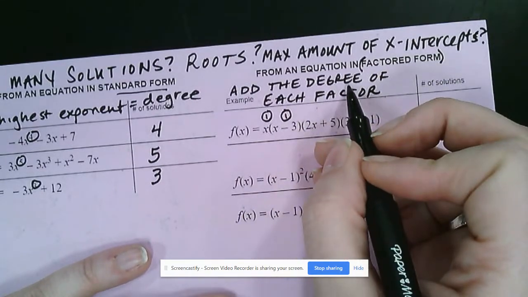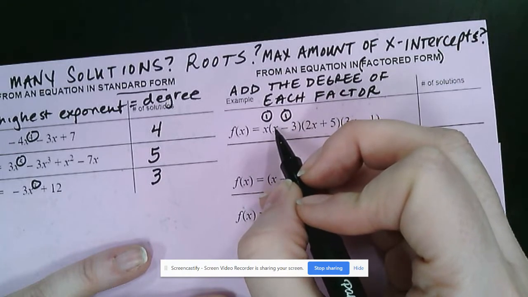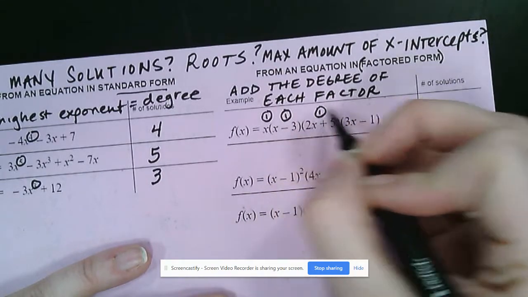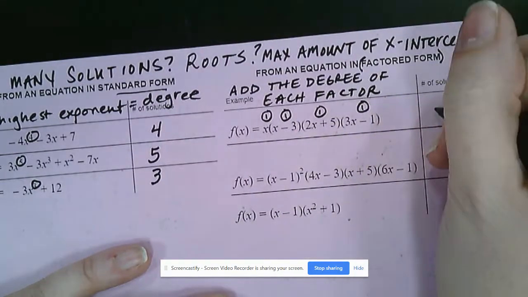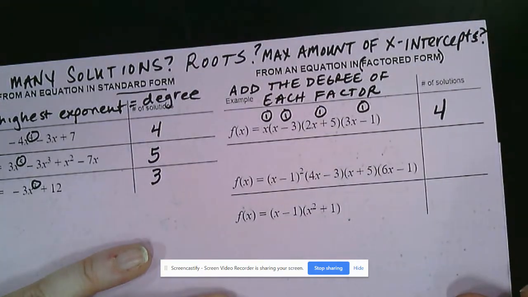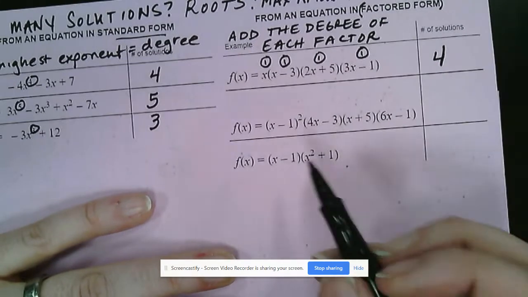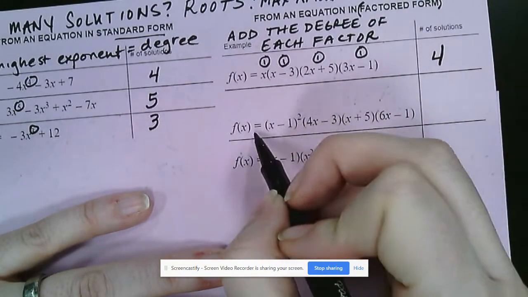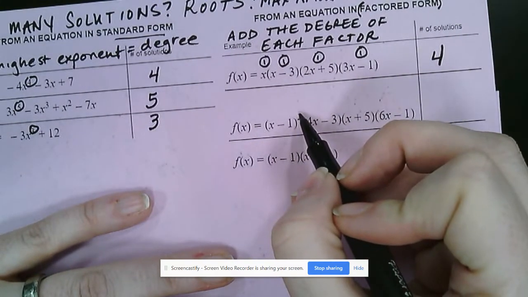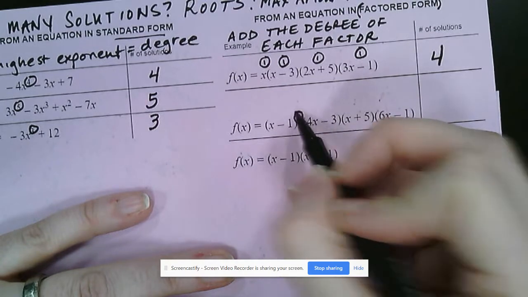Again, the degree is the highest exponent. The highest exponent on this x is a 1. This is a 1. This is a 1. If I add them all together, I have 4 solutions. Okay, now for the most part, it looks like that, but sometimes we have different exponents. So for example, in the second problem, if you notice, there's a double root here.